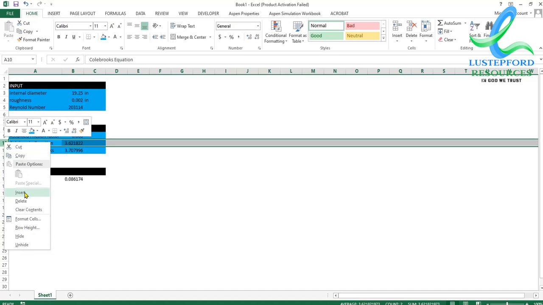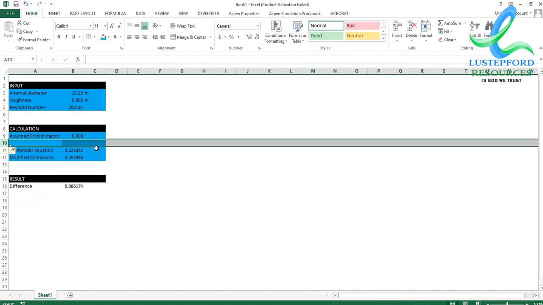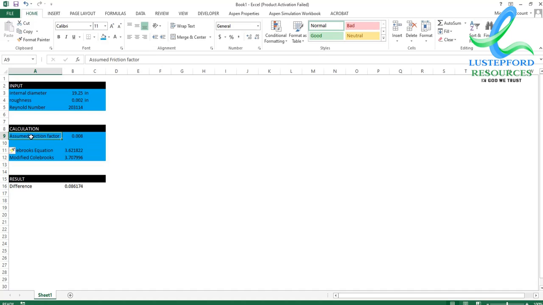Now I needed to insert another row here. I'll say this is for Colebrook's equation. Then the next one here, let me copy paste it, should be for the modified.